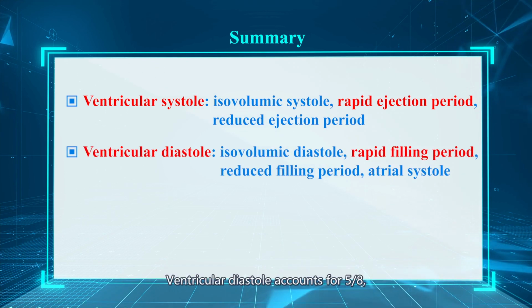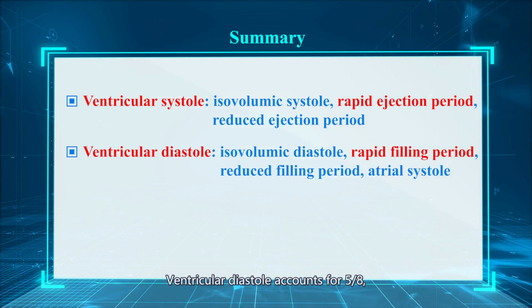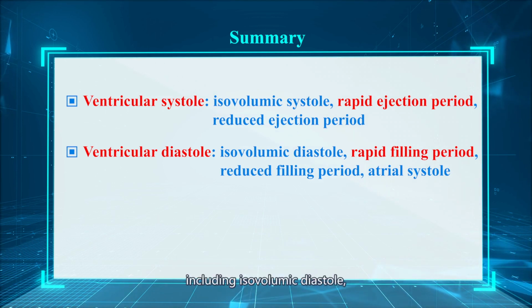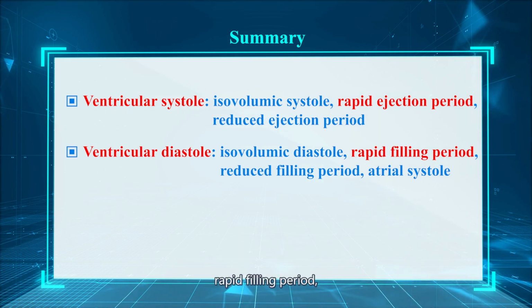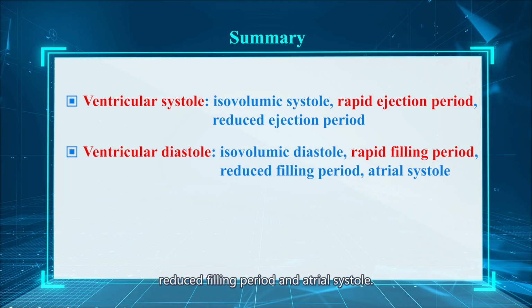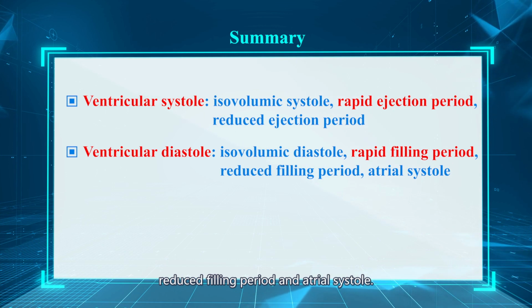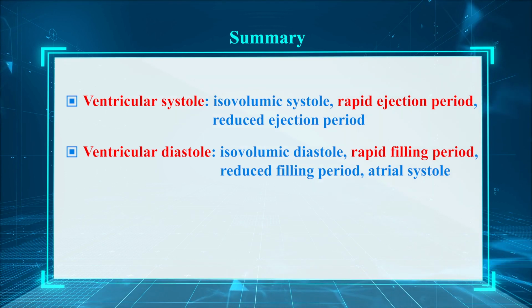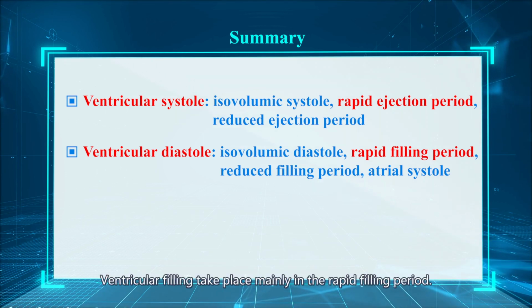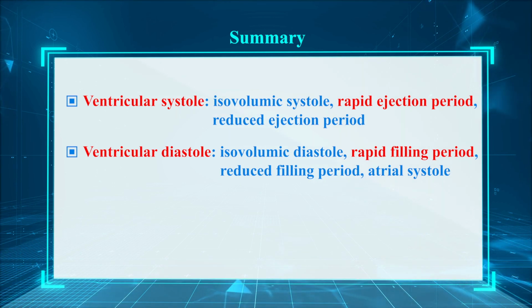Ventricular diastole accounts for 5/8, including isovolumic diastole, rapid filling period, reduced filling period, and atrial systole. Ventricular filling takes place mainly in the rapid filling period.